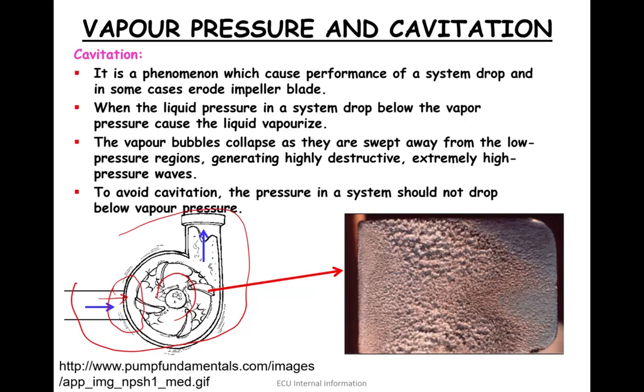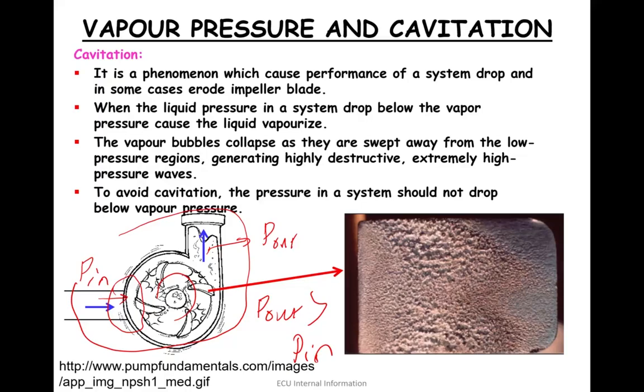When the pressure here is very low, it basically sucks the flow through the pump. If this is the inlet, then this is the outlet, and the pressure at the outlet is greater than the pressure at the inlet in this case.